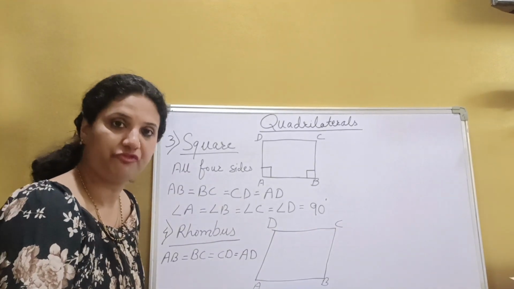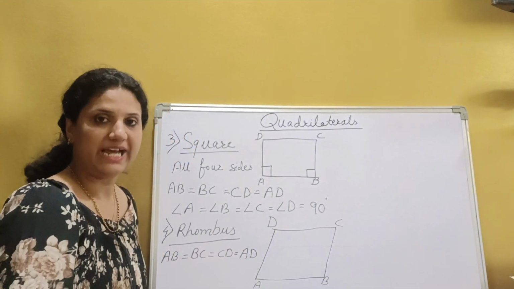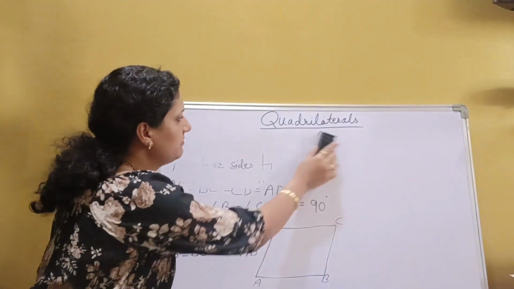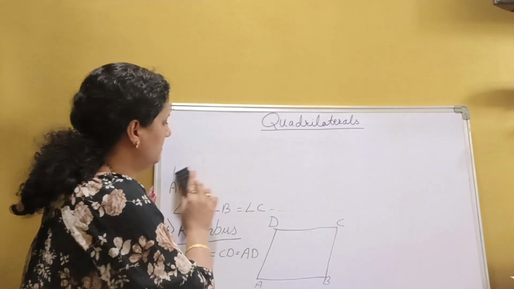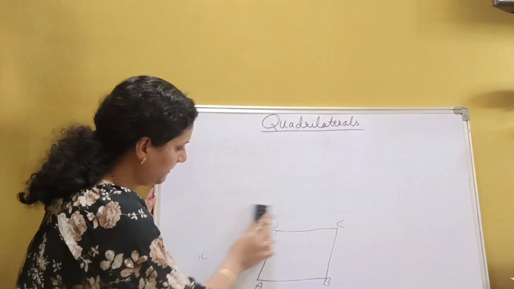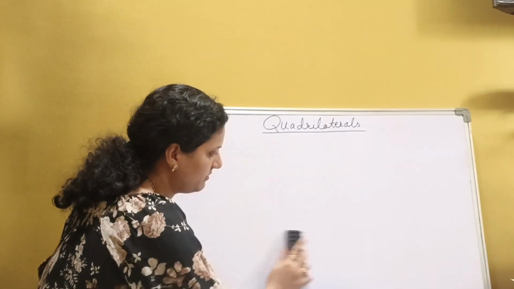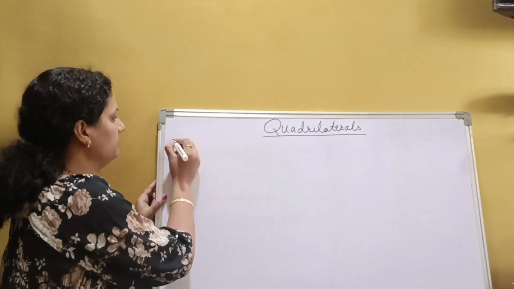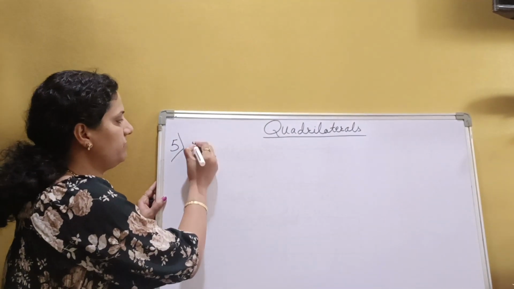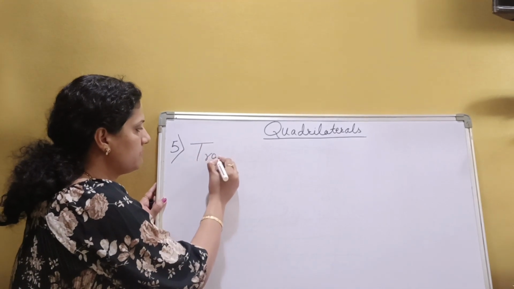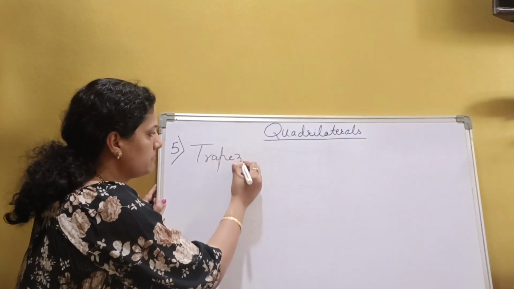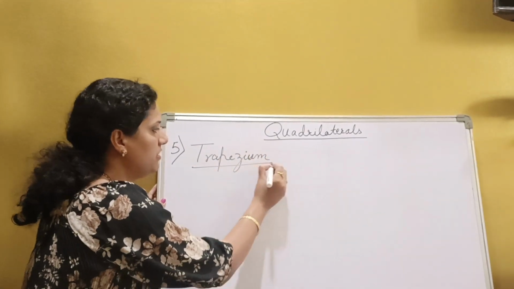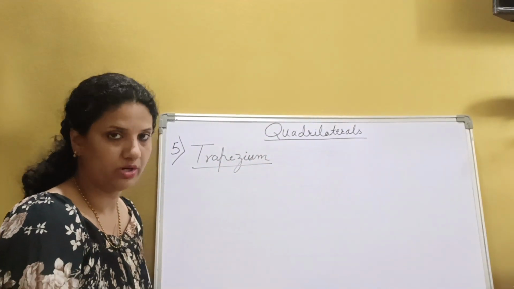Now last and fifth type is trapezium. Trapezium is also a type of quadrilateral.